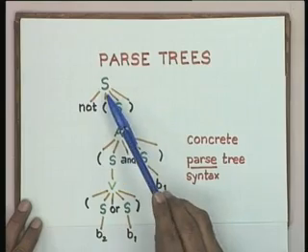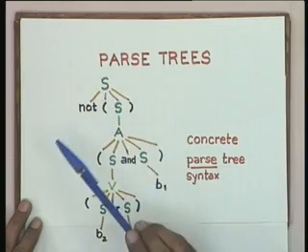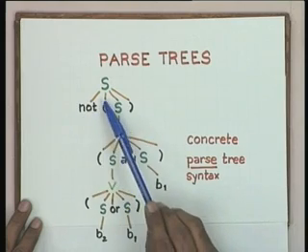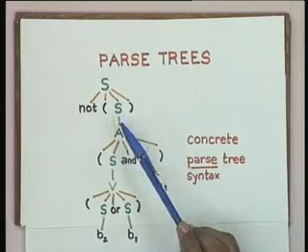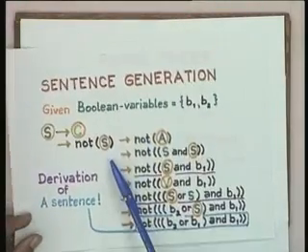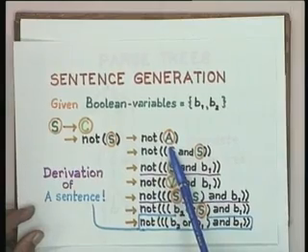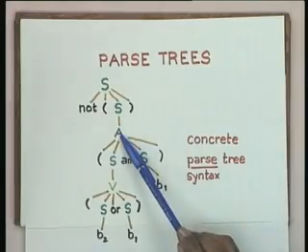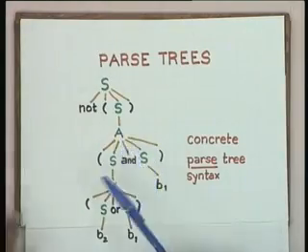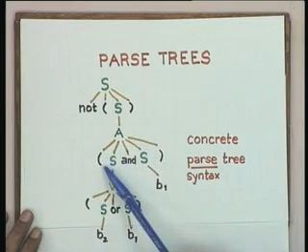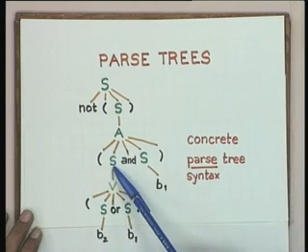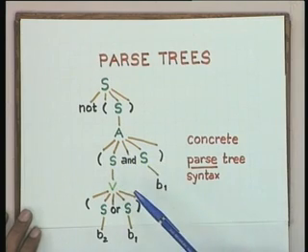So, the first production was S goes to C, C goes to not open parenthesis S close parenthesis. Then there was an application of S which yielded A, and that is this. This is an application of the production S yields A, and then you have A yields open parenthesis S and S close parenthesis.